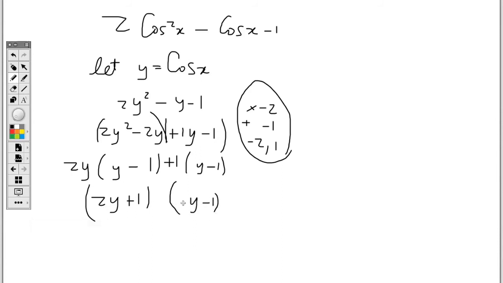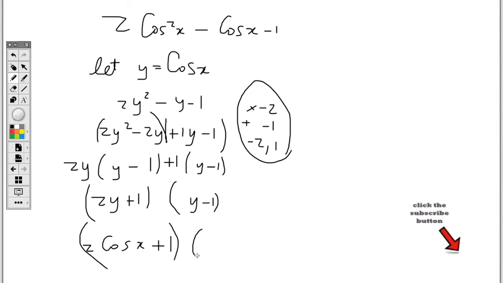Now remember y is cos x. So I have to resubstitute cos x. So this is the same as 2 cos x plus 1 times cos x minus 1. So I'll be replacing the quadratic in the numerator with what I have here.